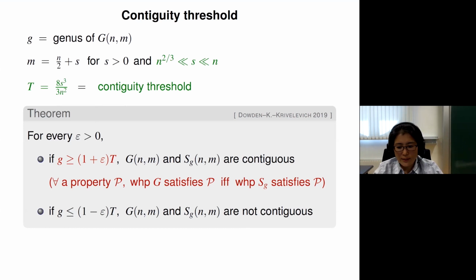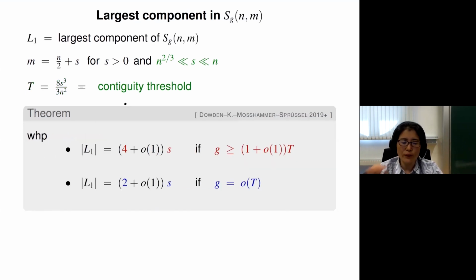Now, the implication of that is the following. In terms of the largest component in the random graph on a surface of genus g, or the graphs with genus at most g, we have an immediate consequence.